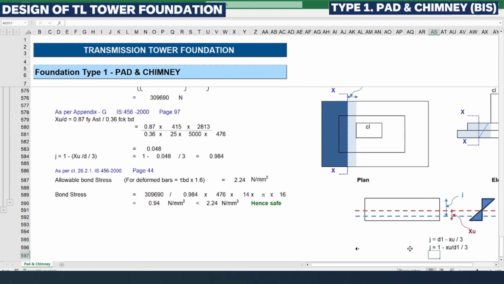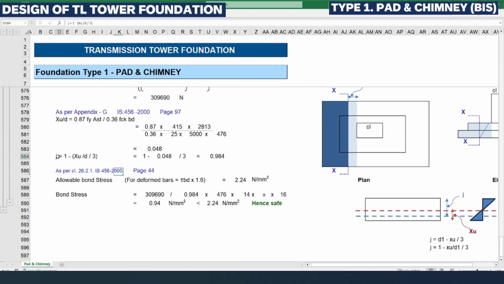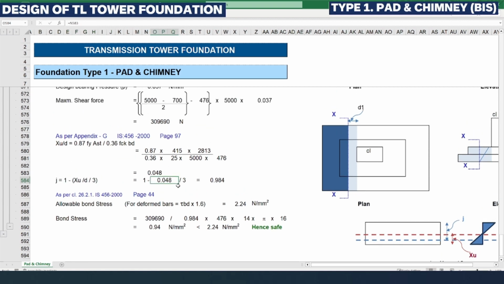The same equation we are adopting here: 1 minus XU by D divided by 3. Now it is very simple to calculate the lever arm distance factor. It's not the lever arm distance, it is a factor. So 1 minus XU by D, which we had calculated, divided by 3, gives 0.984.